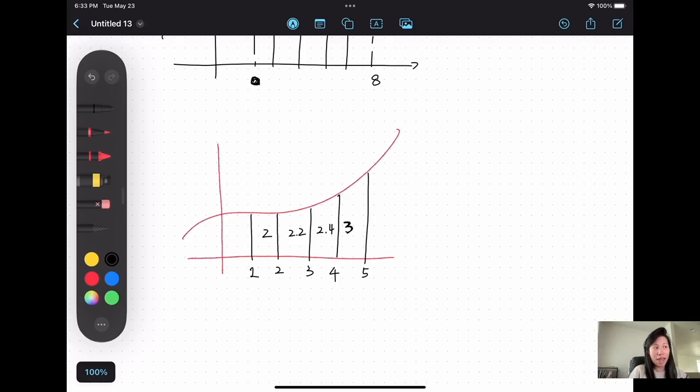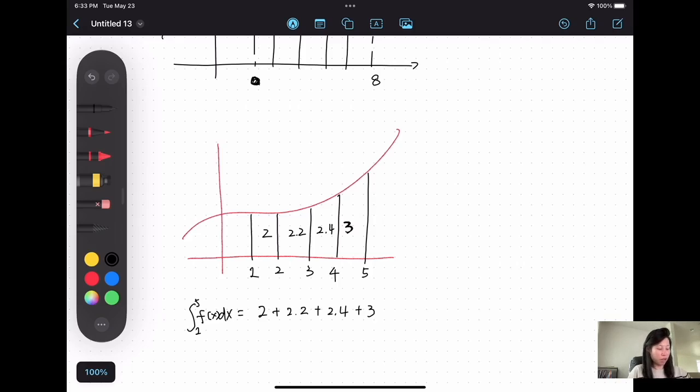And how do I find the average value across these 4 sections? What you can do is add the total area first, by the Riemann sum. The total area is going to be 2 plus 2.3 plus 2.4 plus 3, from 1 to 5.